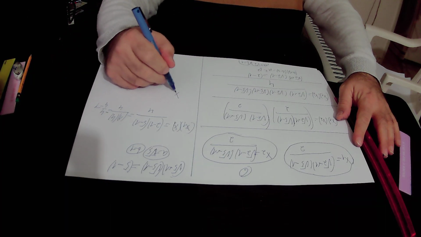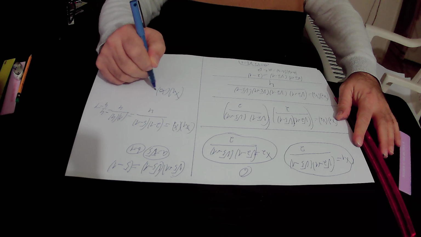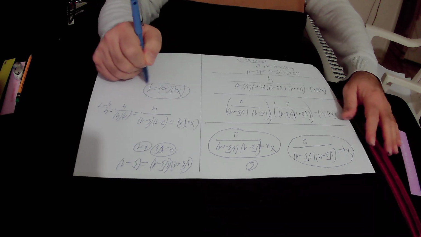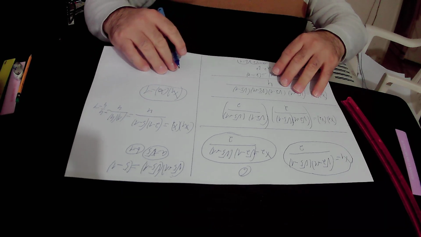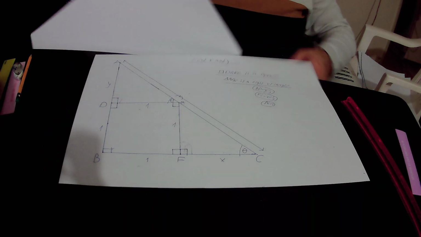That is to say, x1 times x2 equals to 1. Okay? So, we found out that x1 times x2 equals to 1.